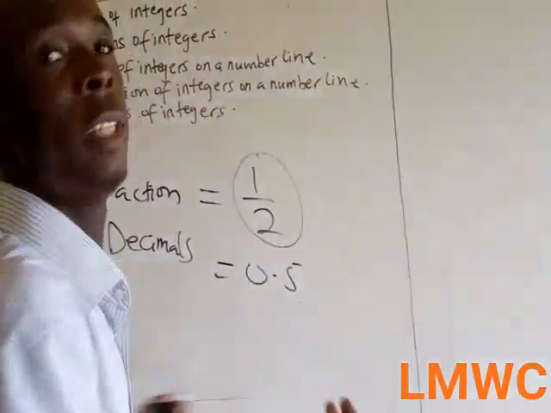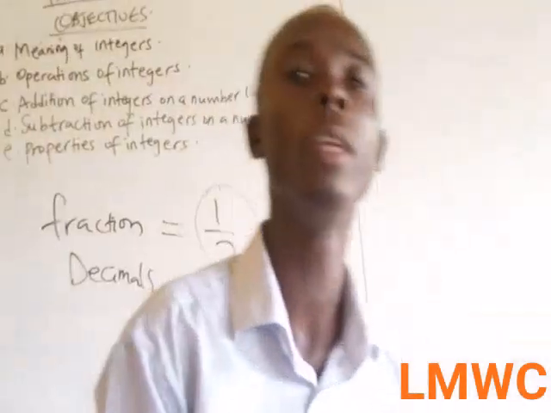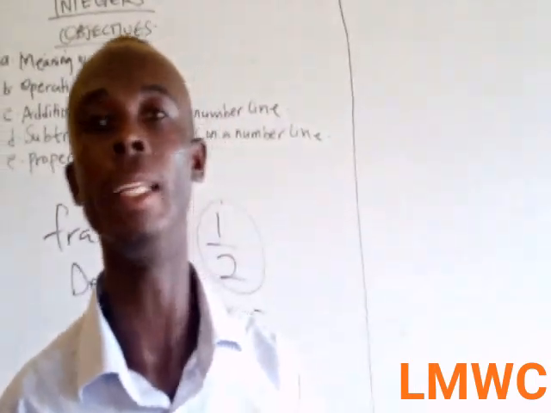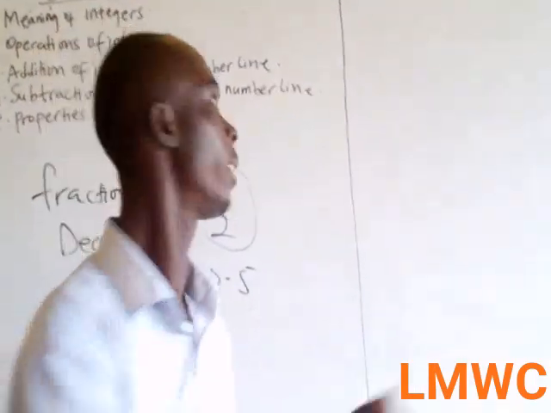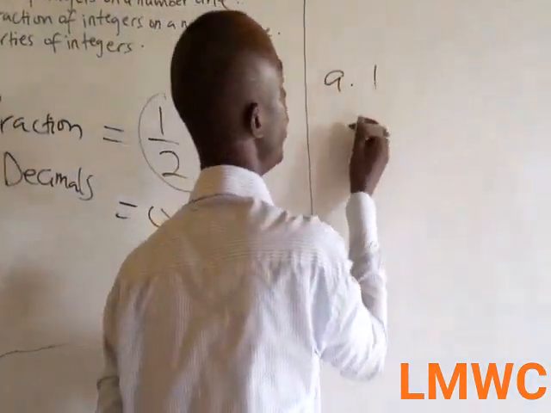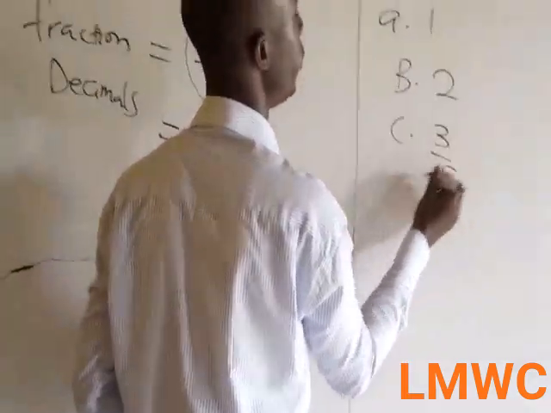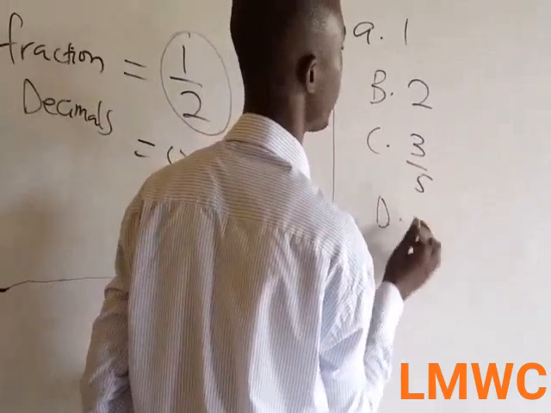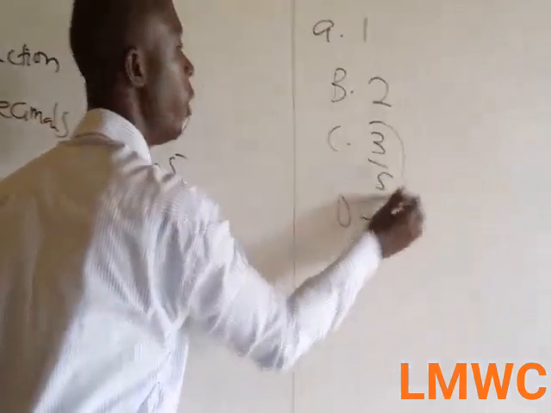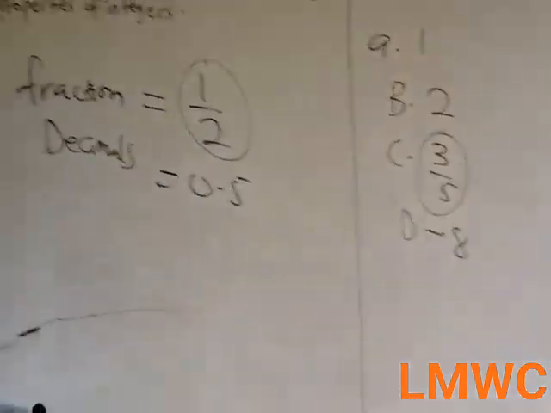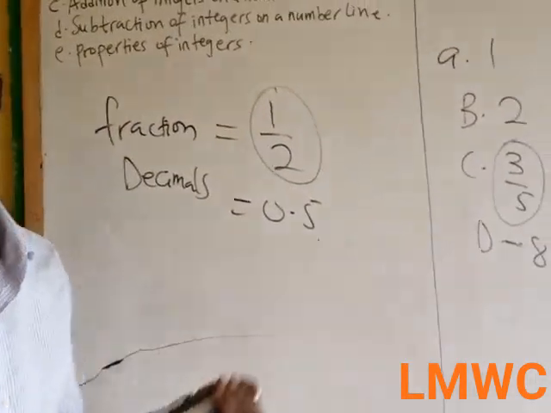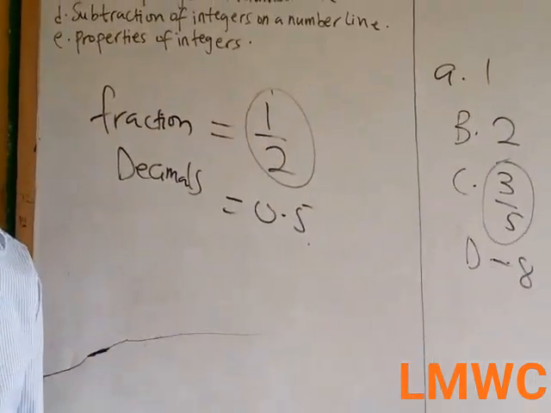So in an objective, they can ask you, which of the following is not an integer? A 1, B 2, C 3/5, D -8. So you choose 3/5 because 3/5 is a fraction and a fraction is not an integer.